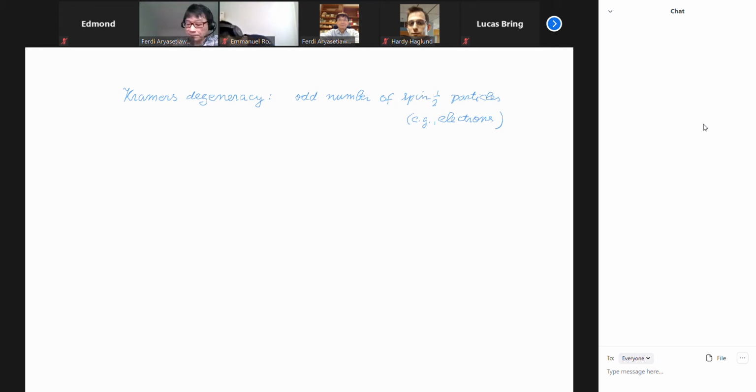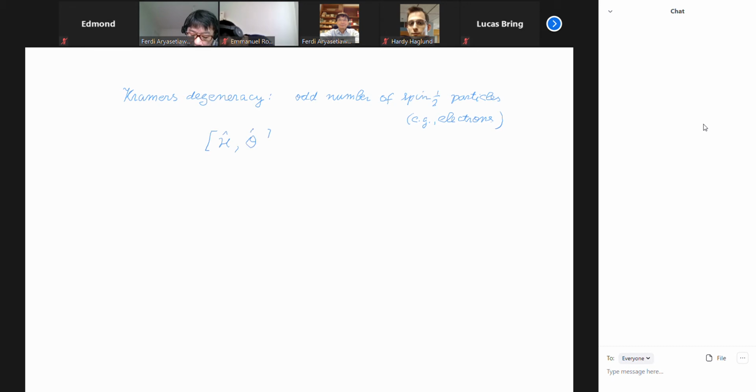So if we think about adding two angular momenta, let's say J1 and J2, if it is odd, then the total momentum must also be half integer. So let's show how this theorem is proven.